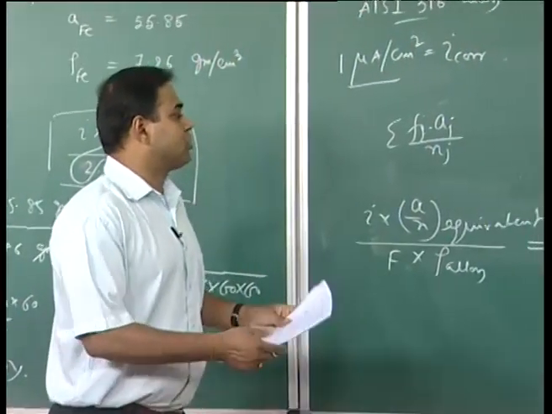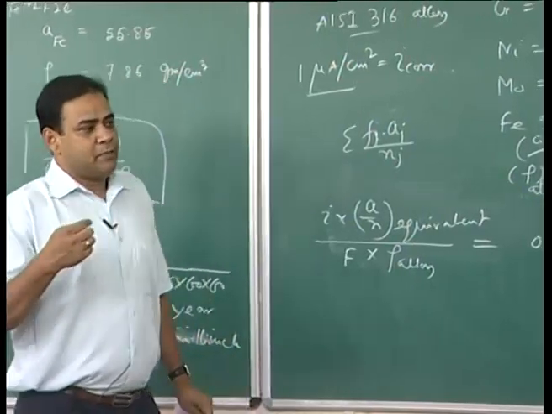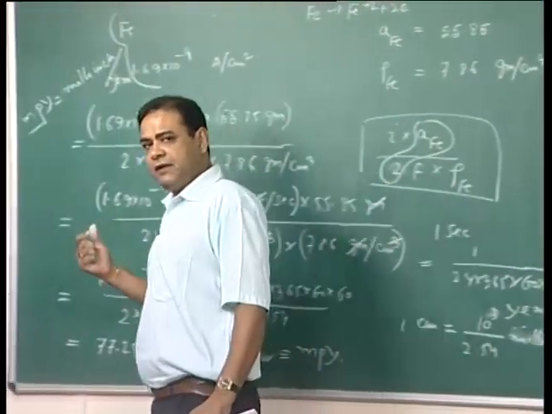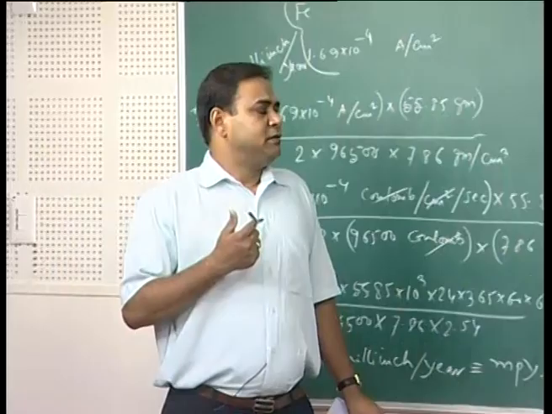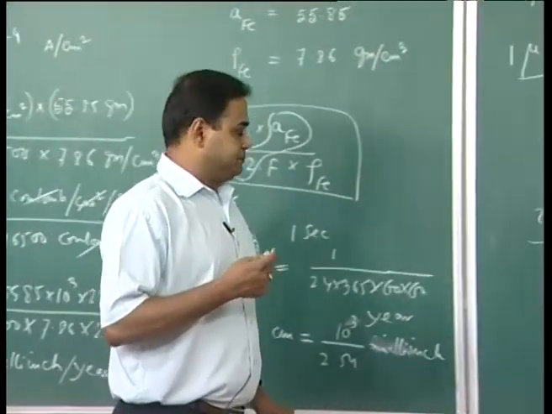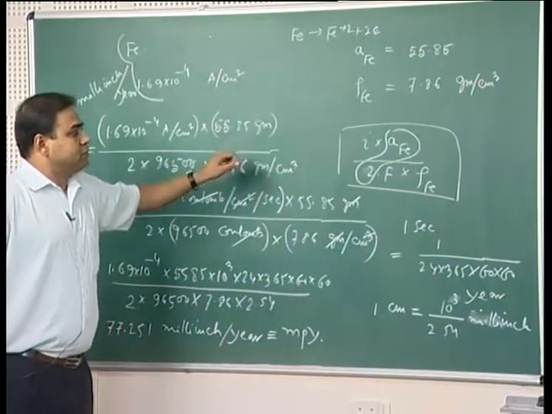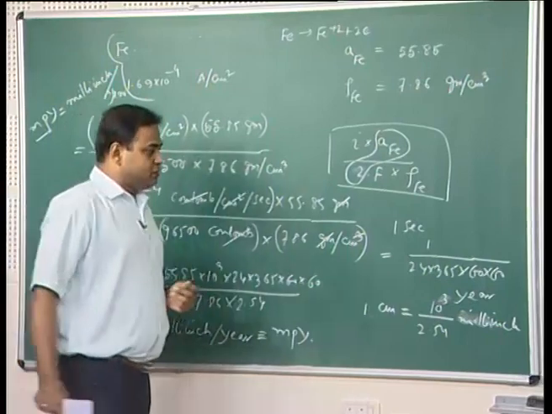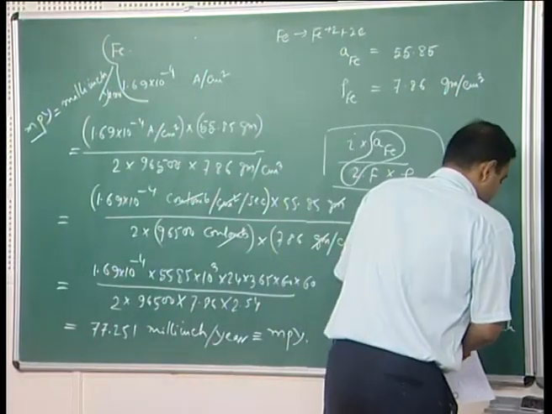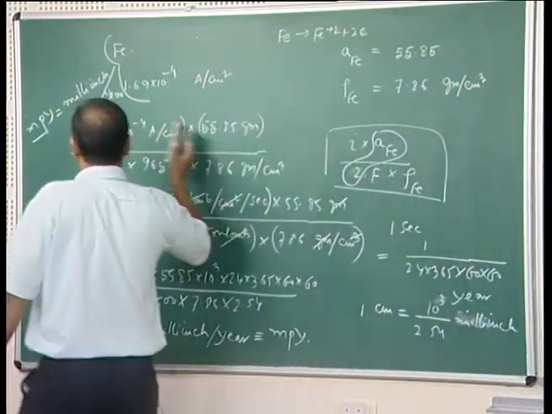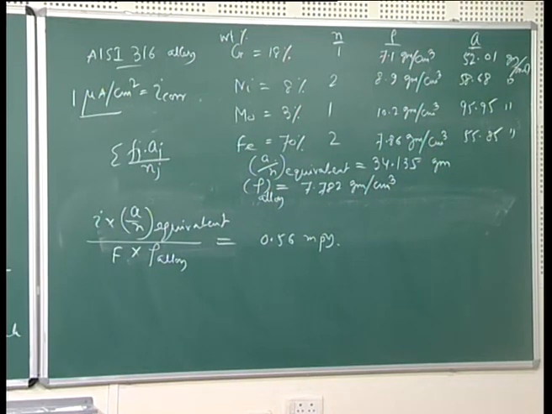So, that you can also convert into MDD, which is milligram per day per decimeter square. So, this is about the rate expression for corrosion. Now, let us continue with kinetics of corrosion.